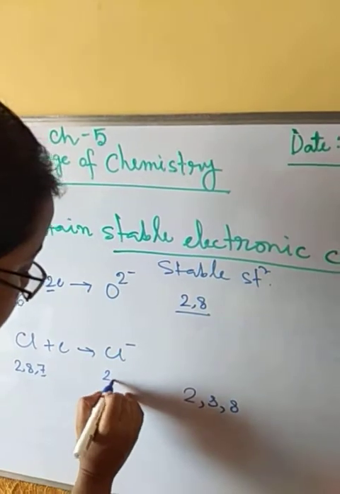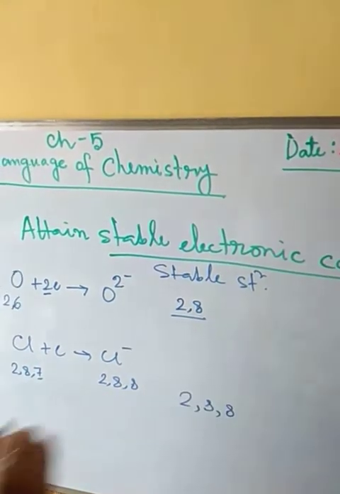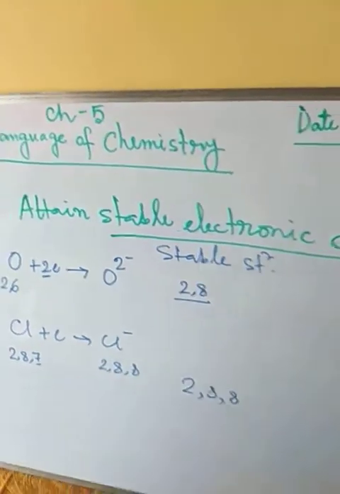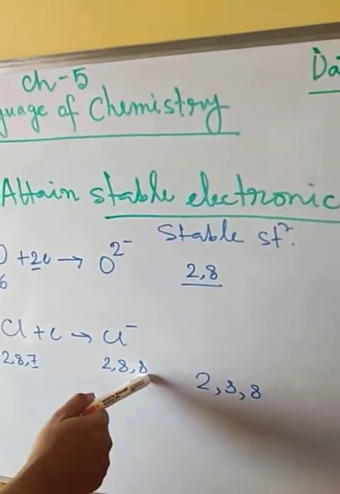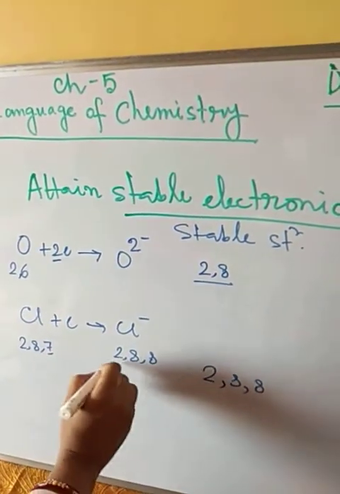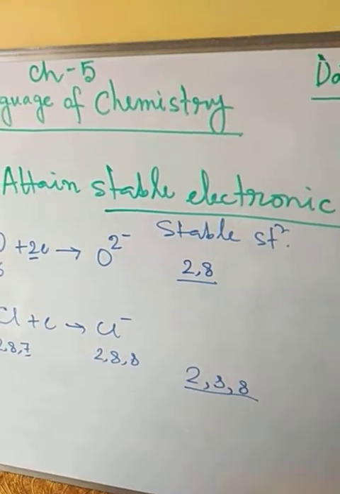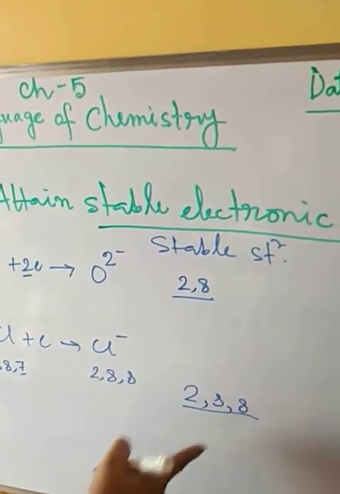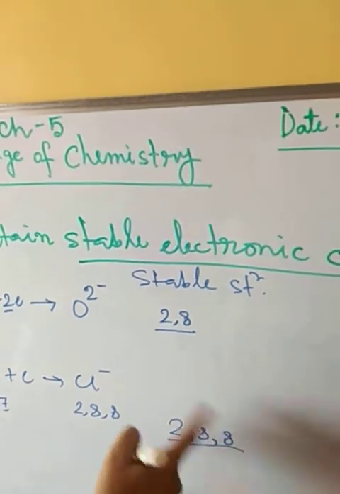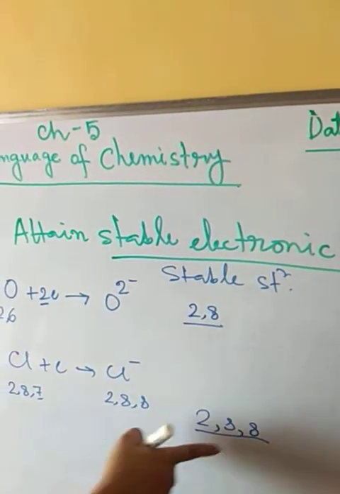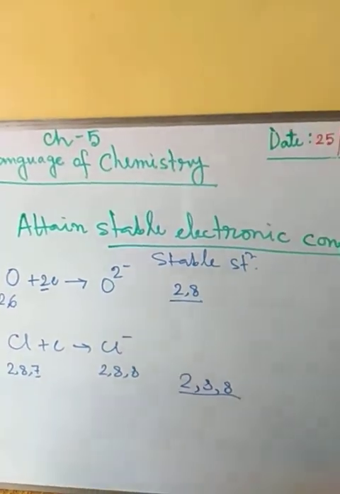The electronic configuration for Cl minus is 2, 8, 8, which matches the stable structure of argon. Argon is the noble gas which has a stable structure. So chlorine now has the stable structure of argon.